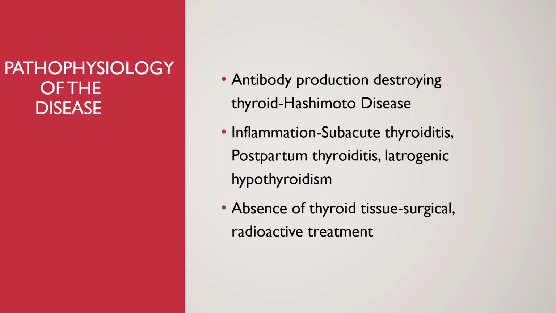Inflammation, subacute thyroiditis, postpartum thyroiditis, iatrogenic hypothyroidism, which basically is the inflammation of the thyroid gland, and then absence of thyroid tissue, which could be caused from surgical or radioactive treatment.